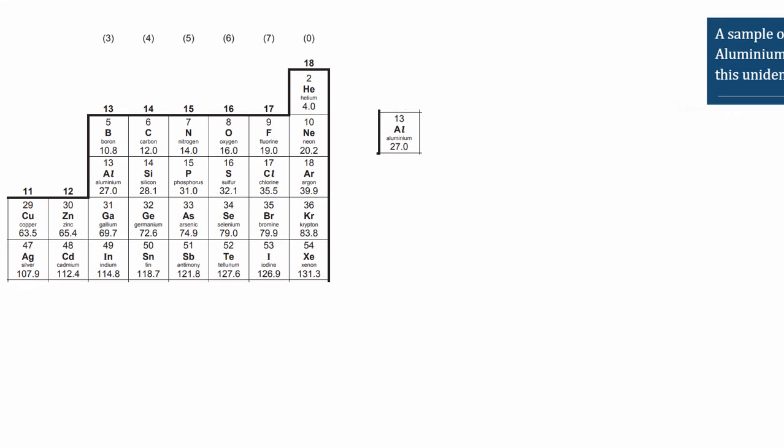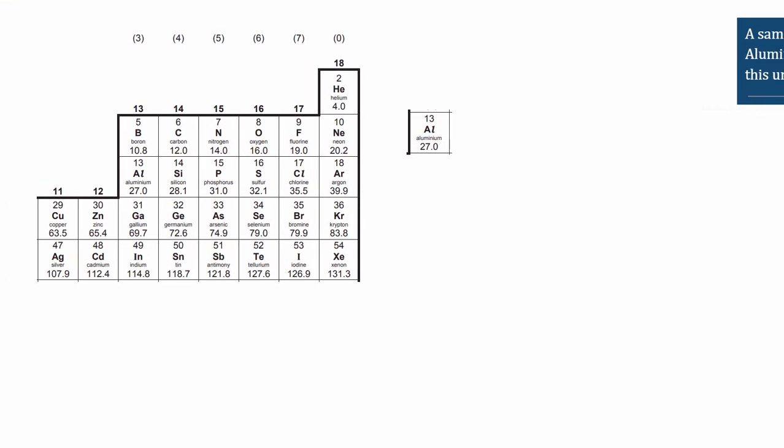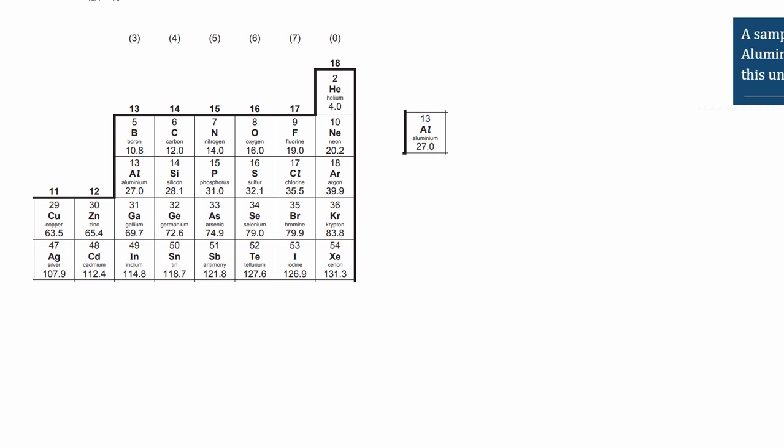So we've got Al, and for Al we can see the relative atomic mass is 27. And so that's effectively the molar mass. And for oxygen it's 16.